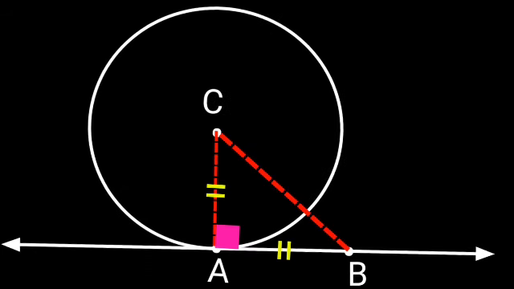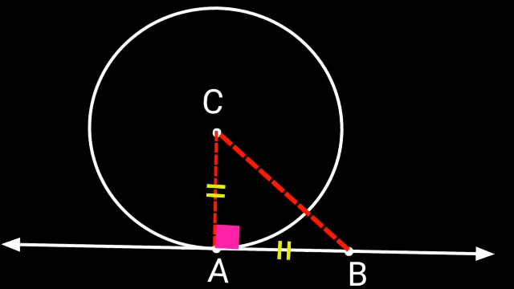If we join center C and touching point A, that is segment AC, and center point C and point B, that is BC, then we get triangle ABC.